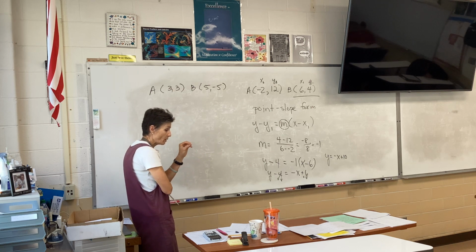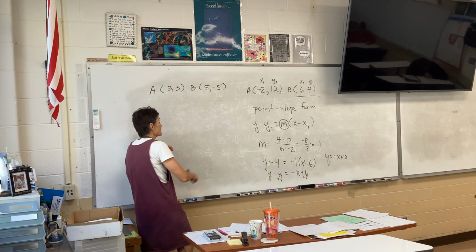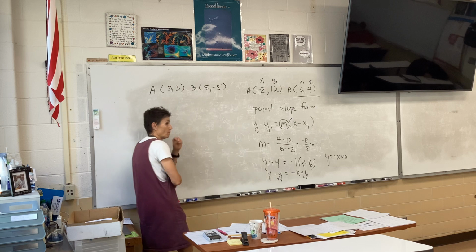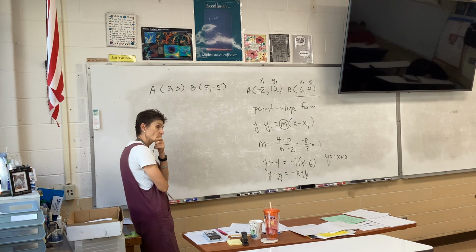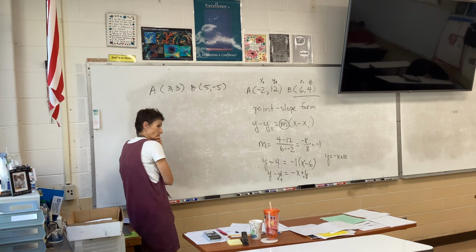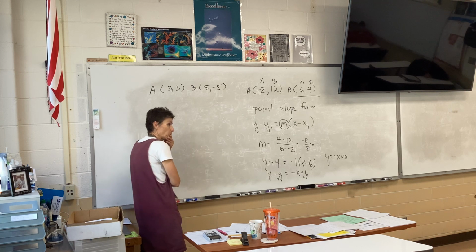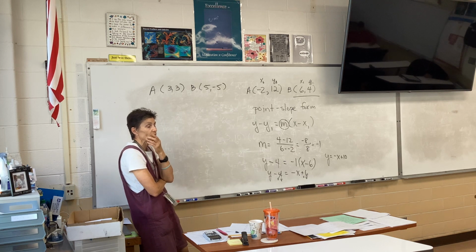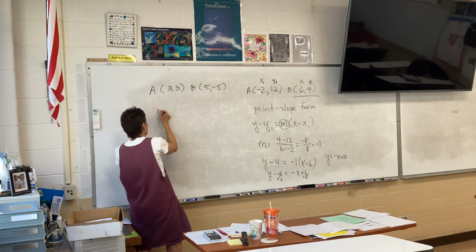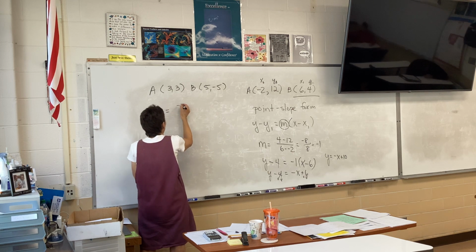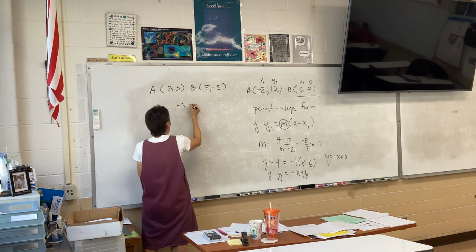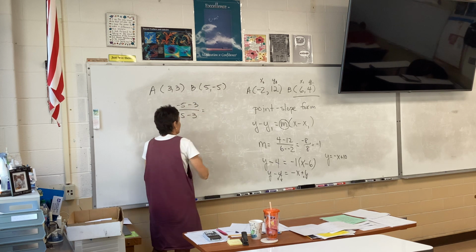We're writing the equation of the line, and we are using the point slope form. All right, so what's step 1? Find the slope. So slope is y minus y over x minus x.